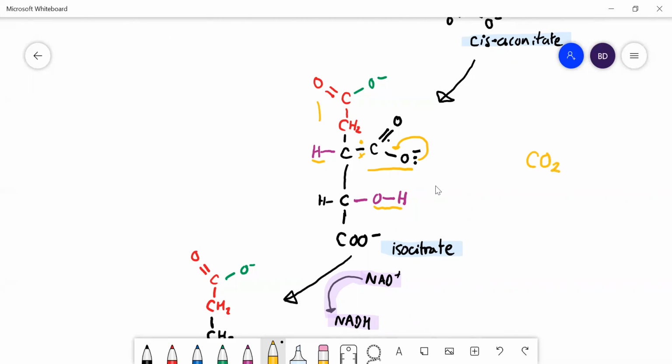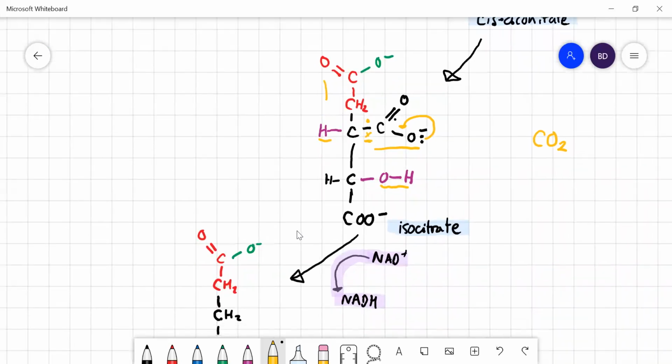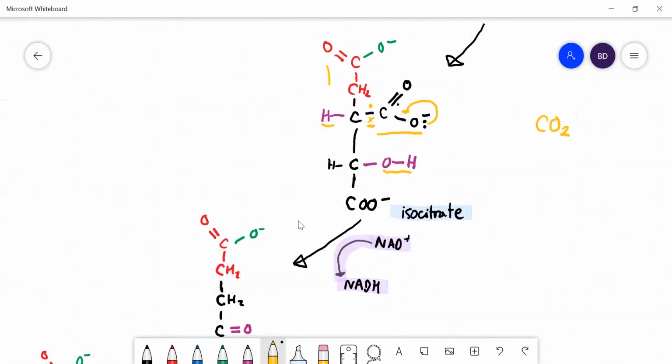And they just pick up a proton in the next step. So that will pick up an H+, and that will become a CH2. You can see there it's become a CH2.